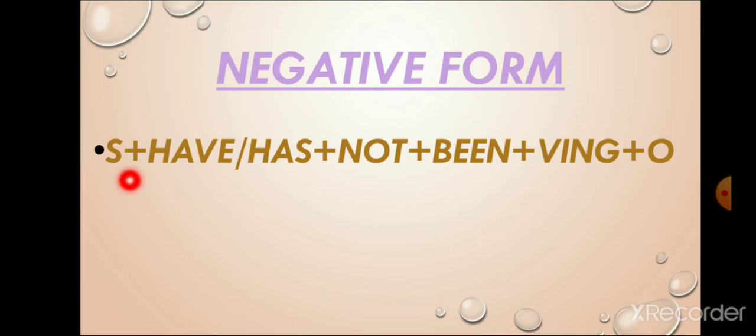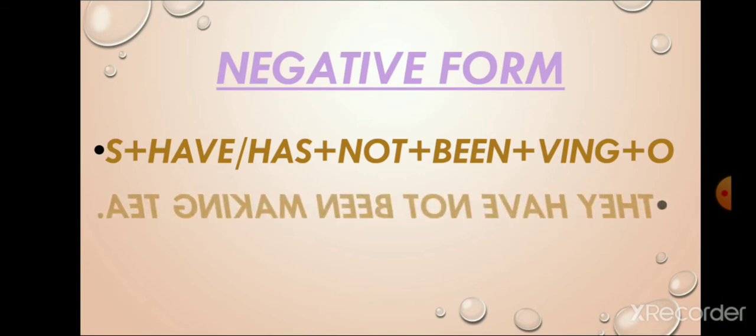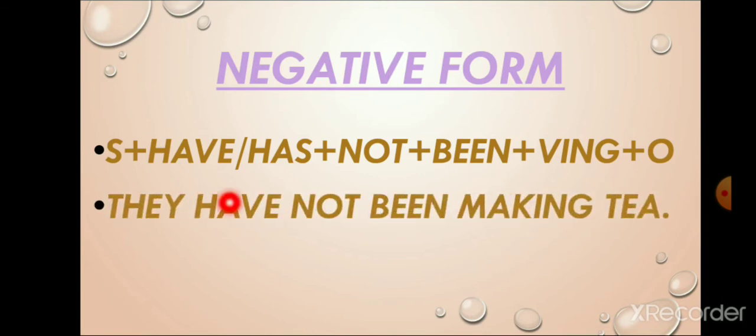So here we are using have or has in examples also. First example we can see: they have not been making tea. Here they is subject, have is the helping verb, we use not for negative form, been plus VING means making, and the object here is tea.